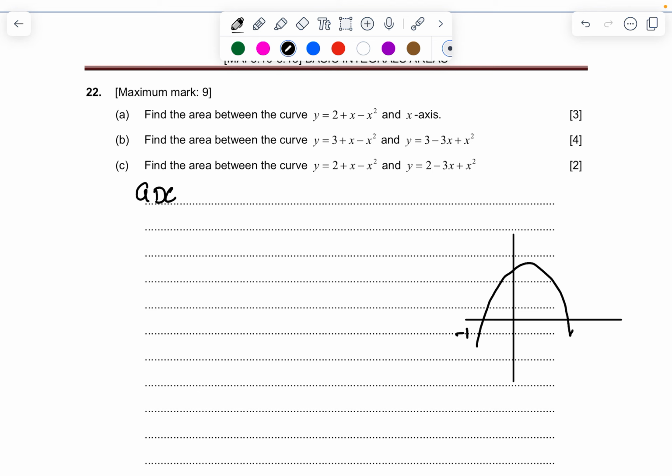So this will be negative 1 and this will be 2. So from negative 1 to 2, the integral of 2 plus x minus x squared dx.